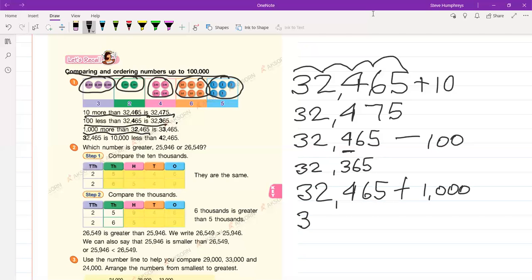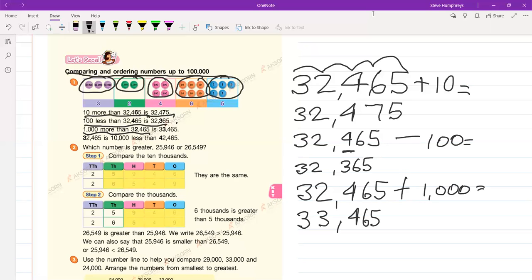The 2 is in the thousands place. You're going to add 1,000, so it becomes a 3. So it becomes 33,465.